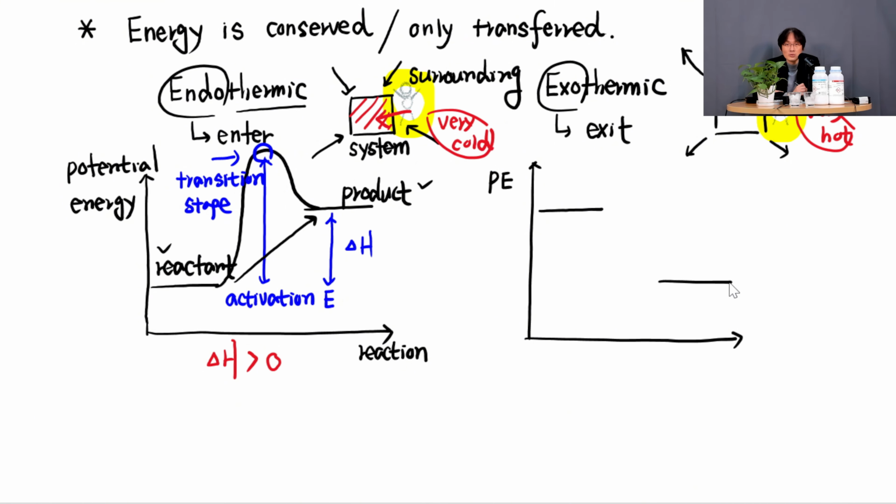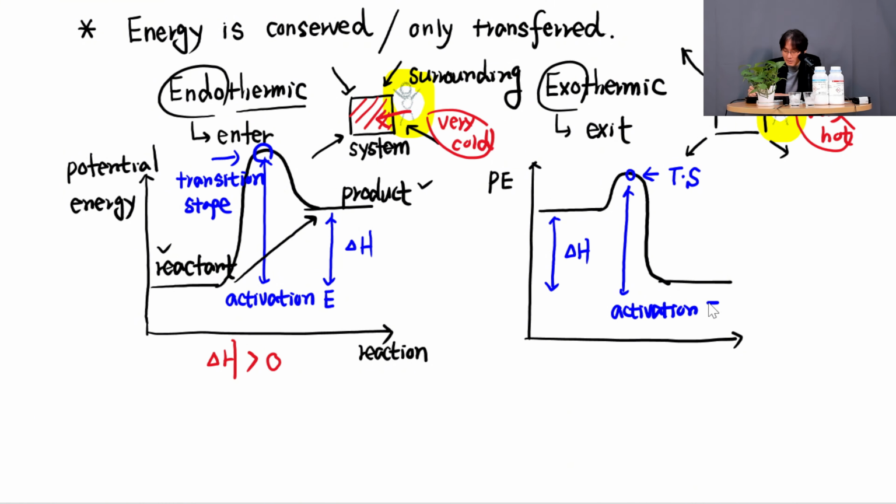Even in this case, we also encounter a huge barrier like a hill, right? This one, the activation barrier. So once again, we have to define the gap between reactants and products. That should be delta H. This stage is the transition stage, and this height will be the activation energy.